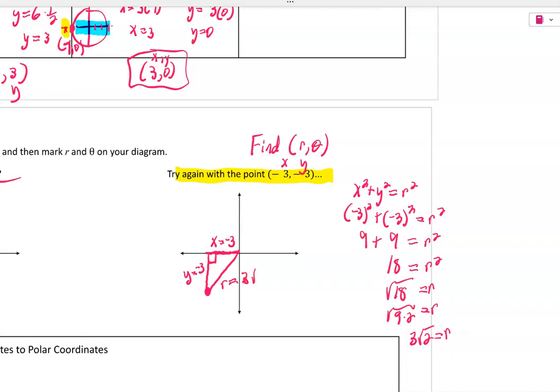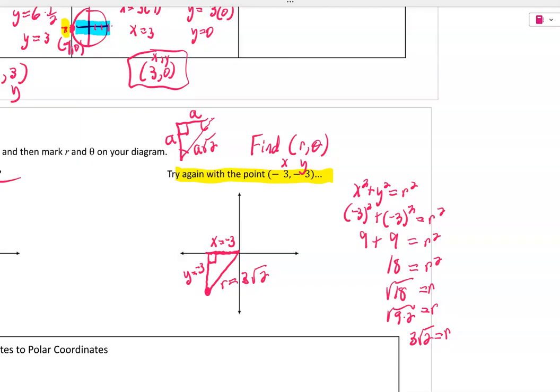Now for future reference, you're hopefully going to remember the special right triangle where you've got half of a square. You've got a radical 2. By the way, that's a 45, 45, 90 right triangle. You might remember that from Math 3.